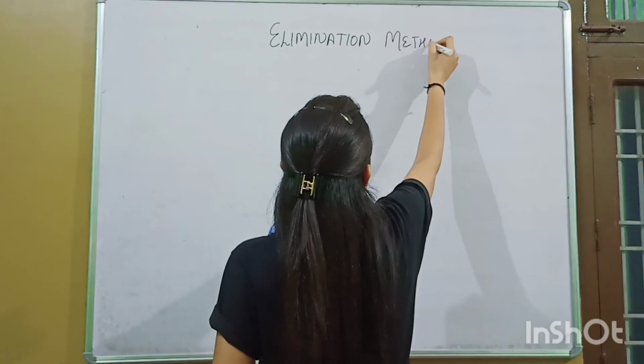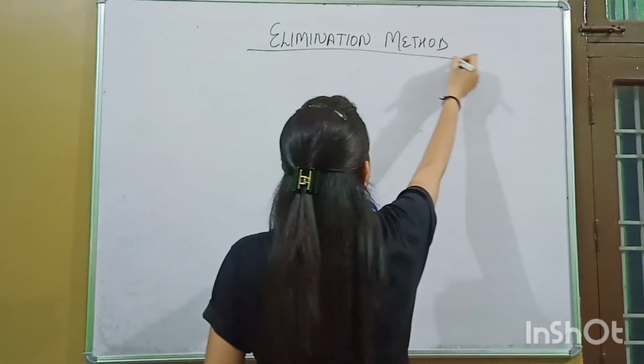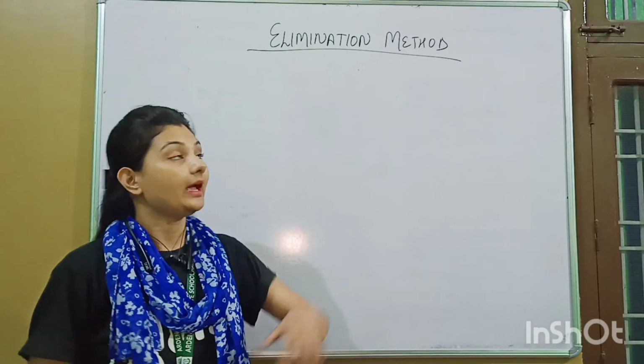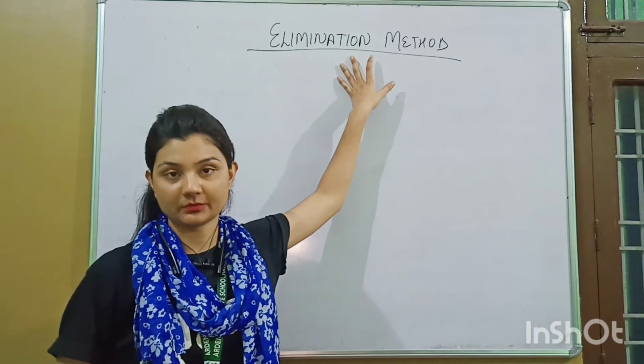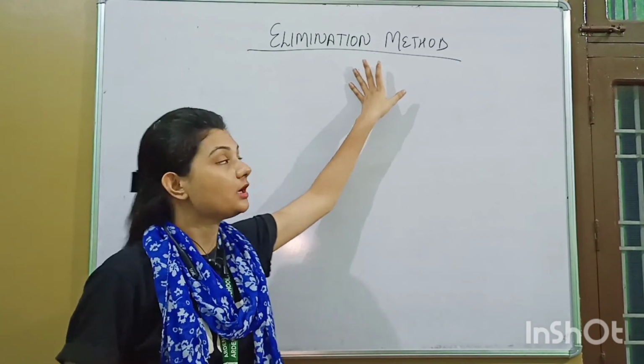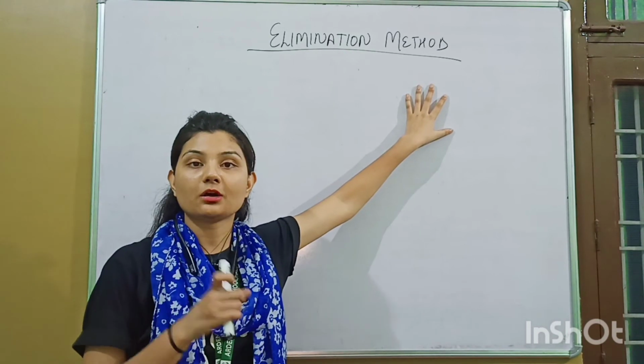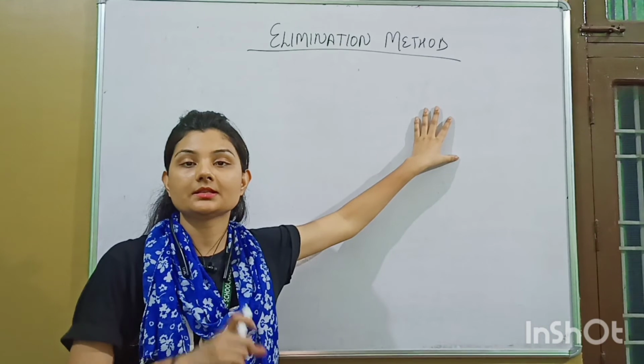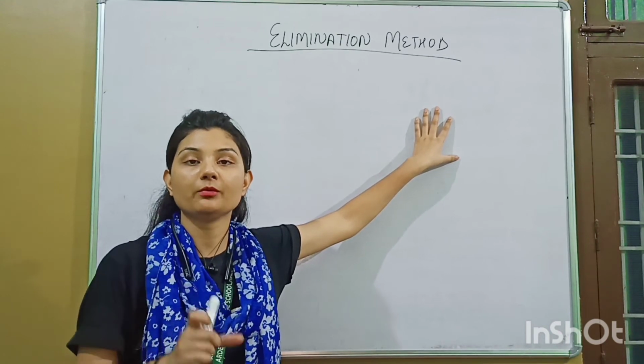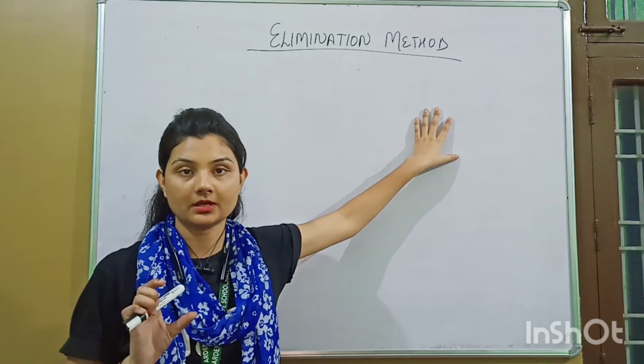If you go by the literal meaning of the word elimination, it means deleting or removing something. So the meaning of this method is that, while solving the equation, the first thing we have to do is remove one variable from there.